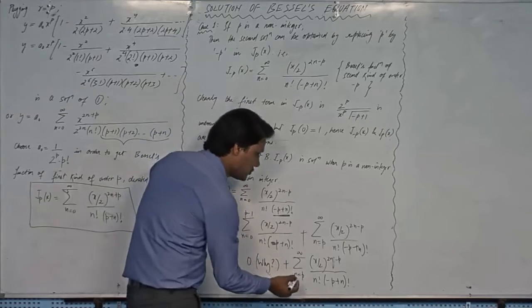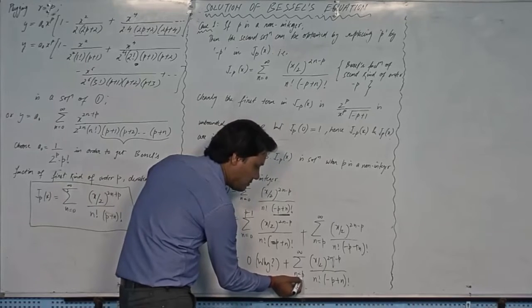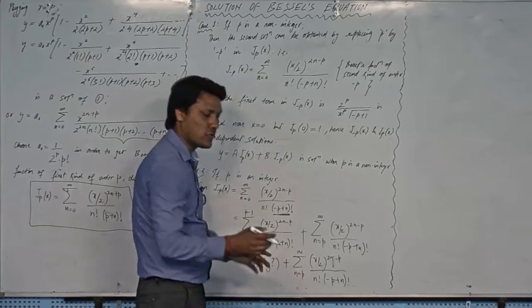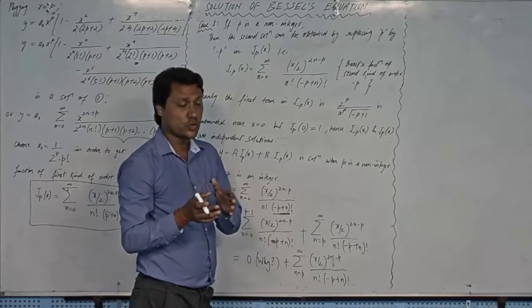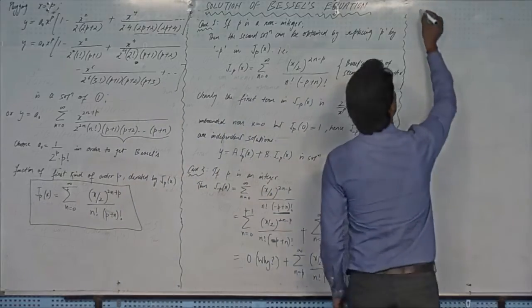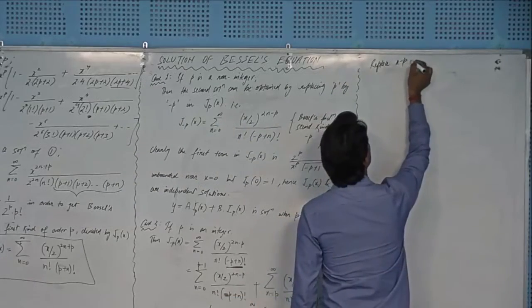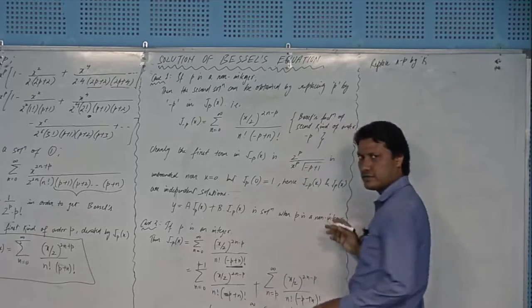So you have to take this p to the left hand side, so that it will become n minus p equal to 0. So you will use n minus p as a new index, that will be k, in order to obtain some general results, right? So replace n minus p by k, and this k is a new index, right?